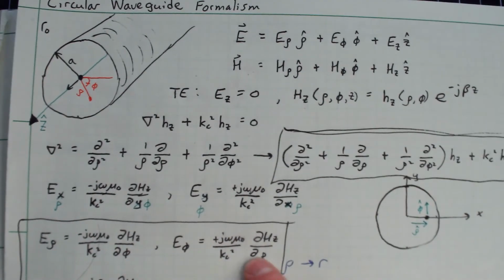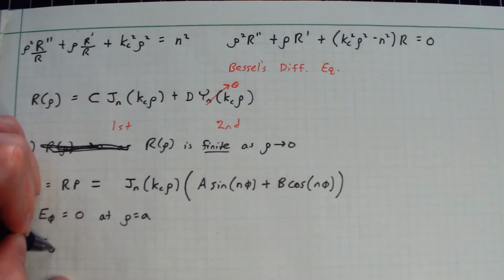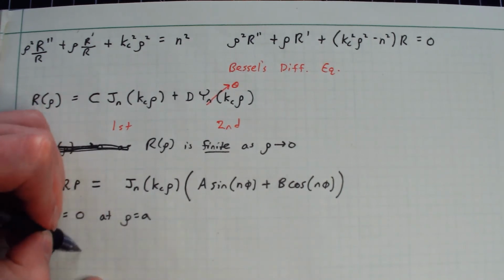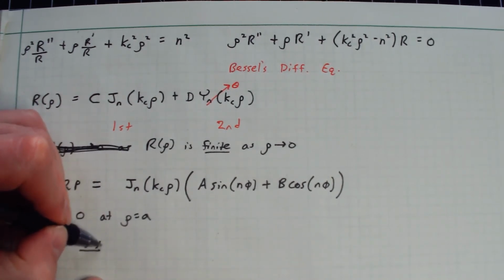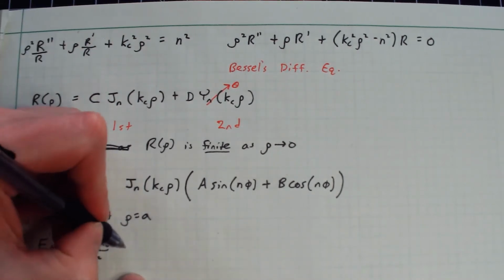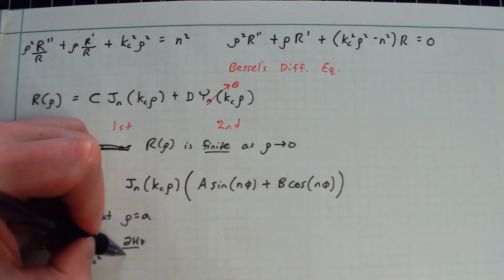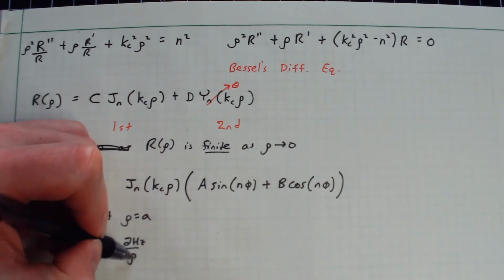This is the guy I care about. I'm going to take the derivative with respect to rho and multiply by this constant here. So E sub phi is equal to plus j omega mu naught over k sub c squared times the partial of H sub z with respect to rho.